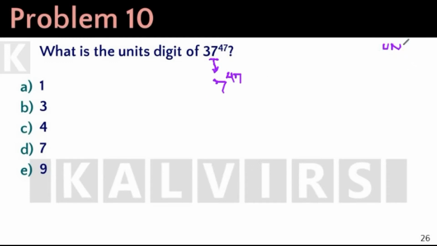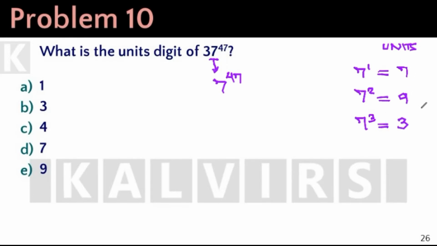For example, 7 to the power of 1 is 7. The units digit is 7. 7 squared is 49. The units digit is 9. 7 cubed will be equal to 7 squared times 7. That means the units digit will be equal to 9 times 7. This is 63. So the units digit is 3.